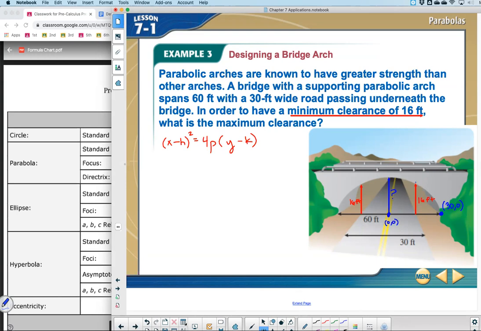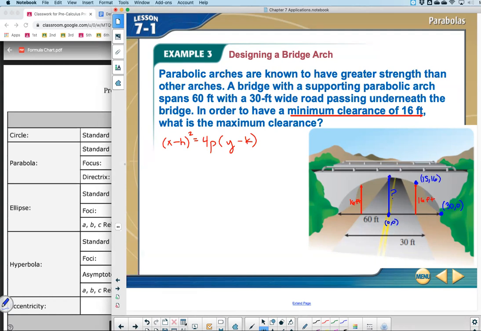Now let's talk about this point. So again, I'm focusing on the parabola here. This point is right a certain amount. It's to the end of the road and then up 16 feet. How far right is this if the road is 30 feet wide? 15. That's 15 to the right and 16 up.